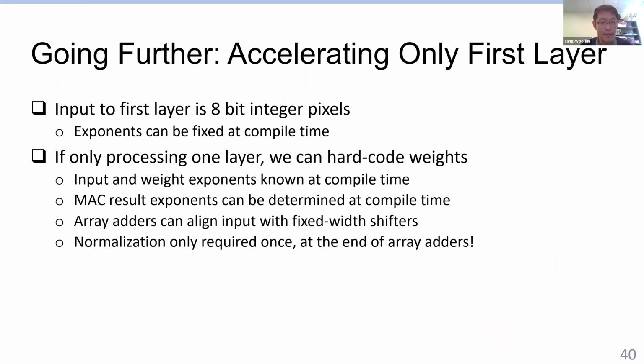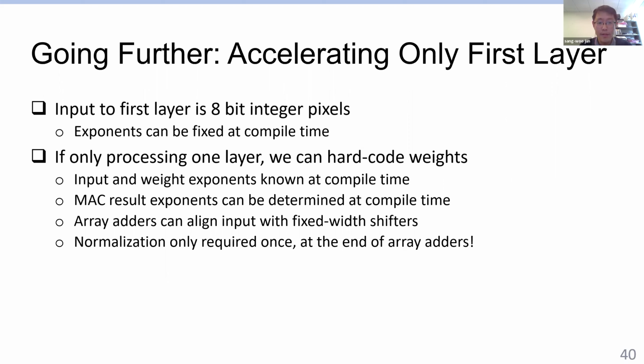And how does this play into accelerating only the first layer? Because the input to the first layer is just 8-bit integer pixels, meaning if we don't restrict ourselves to perfectly normalized formats in the floating point, we can fix the exponent at compile time because we know that all of this information is only 8-bit values.